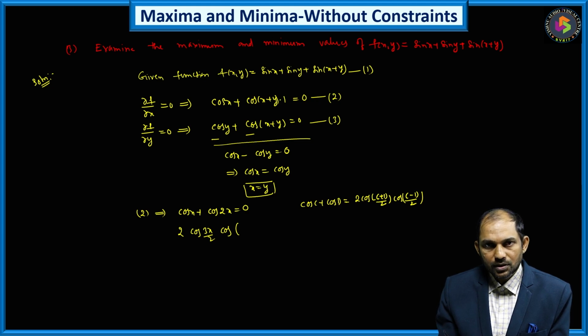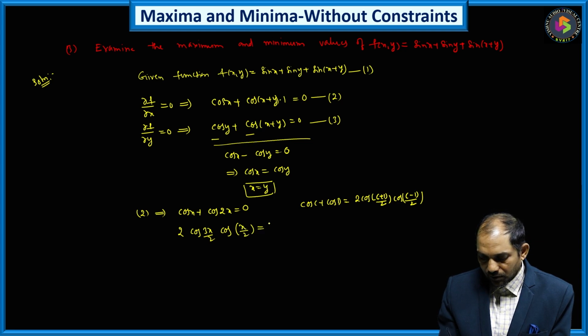Cos is an even function, cos of minus theta is cos theta, so cos of minus x by 2 can be written as cos of x by 2, and it is equal to 0. So we have cos 3x by 2 equal to 0 or cos of x by 2 equal to 0.